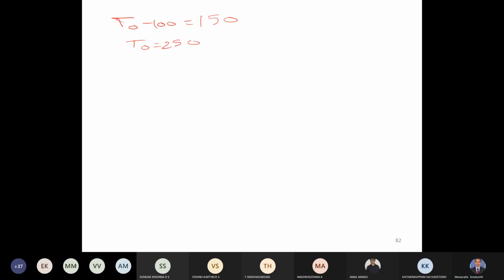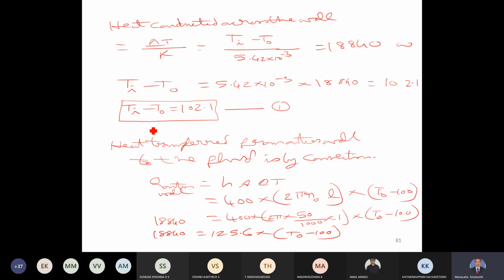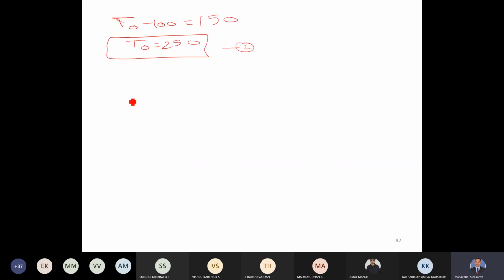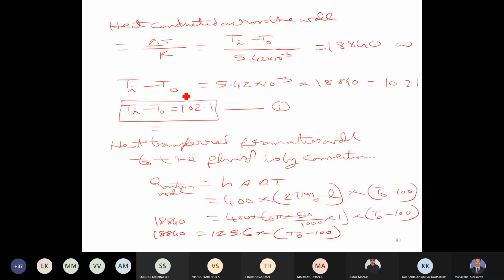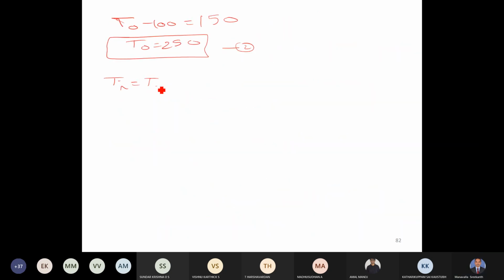Okay. Now this is the second equation we have in terms of Ti and To. Anyway, Ti is not present in this equation, but this becomes our second equation. So we have To is 250. You substitute that here. So Ti is equal to To plus 102.1, 250 plus 102.1.